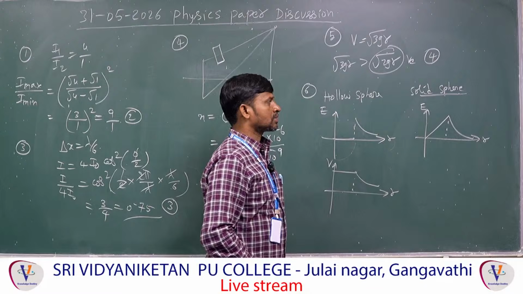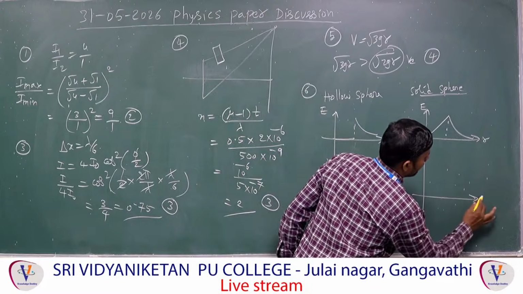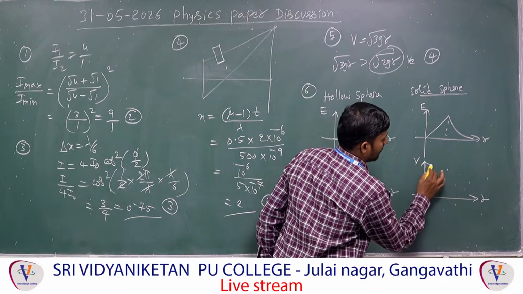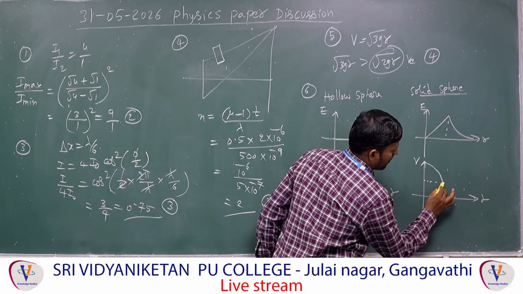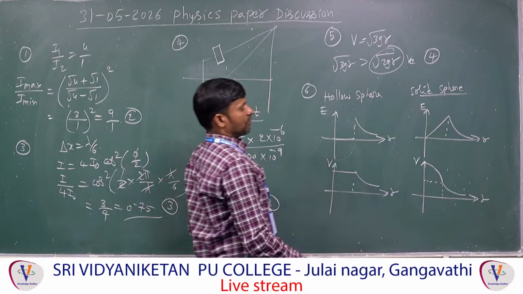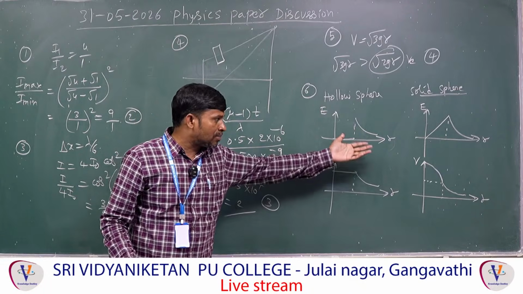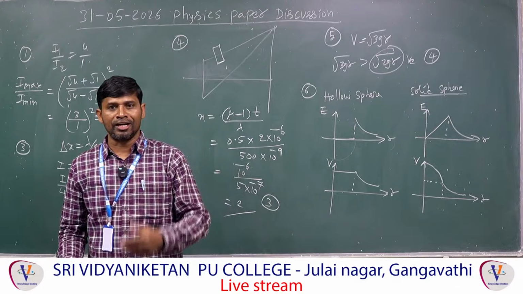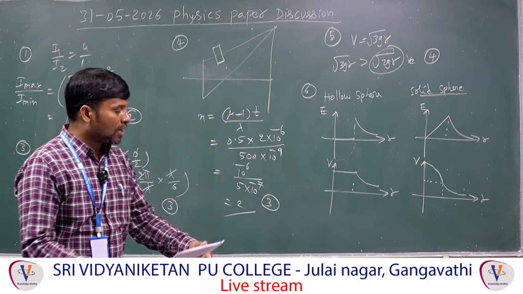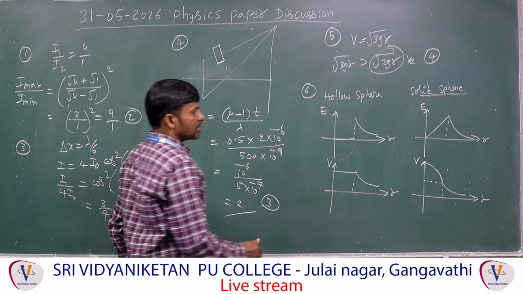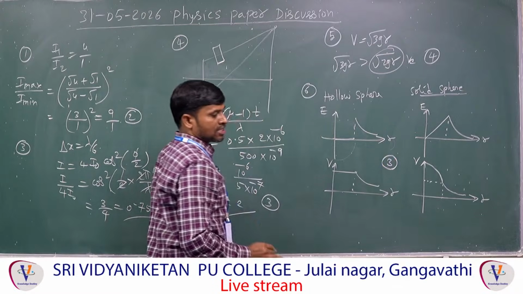Like this one. And for potential, this is the graph. All these points were explained in the previous class. Here, the match the following is given, so we can check them. We get the answer 3. Option 3 is the correct answer.